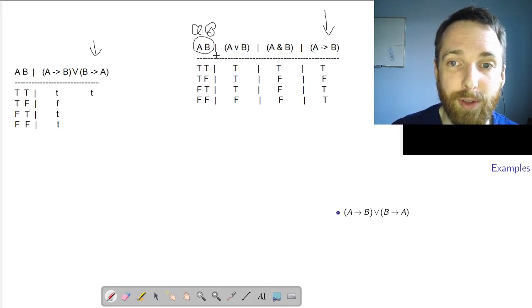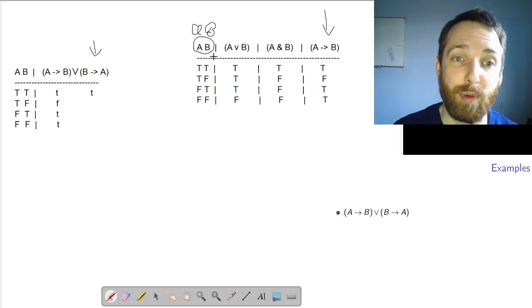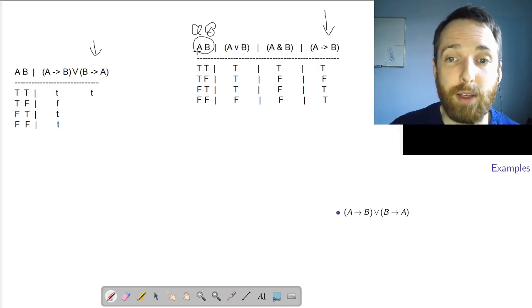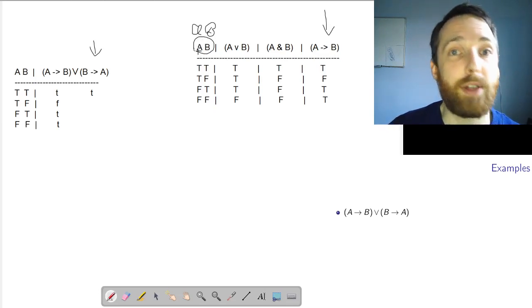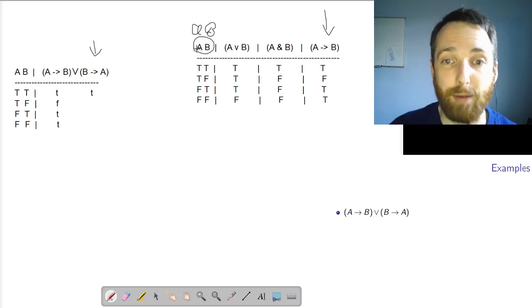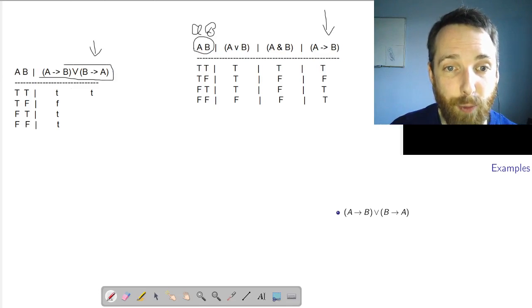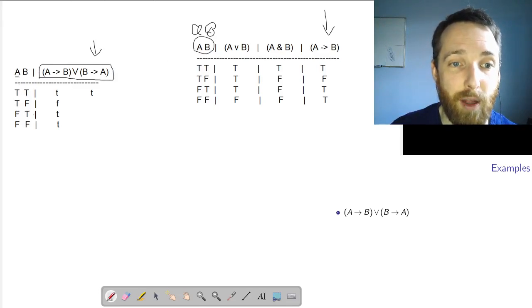And remember, the scripty font letters work differently from the italic ones, right? These are standing in for any sentence at all. It doesn't even have to be atomic, and it definitely doesn't have to be the letter A. Whereas where you're checking a specific formula, a specific sentence of TFL, then these are going to be real sentences.